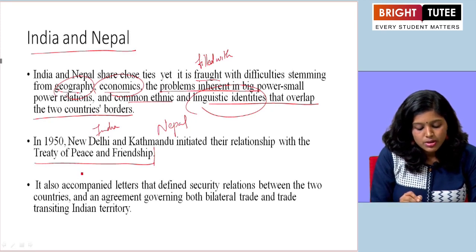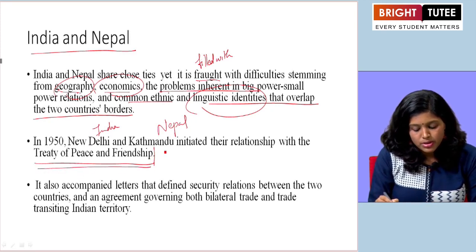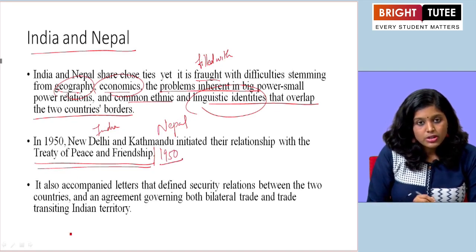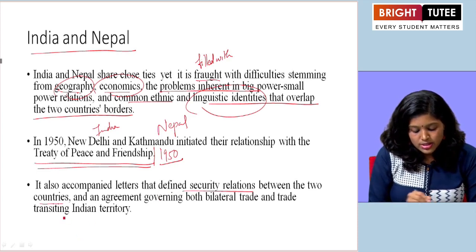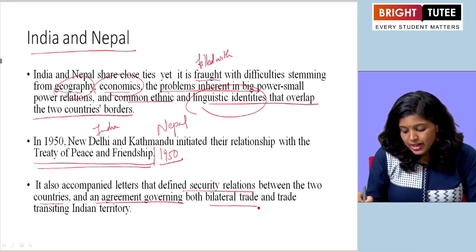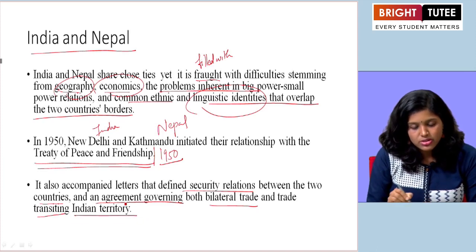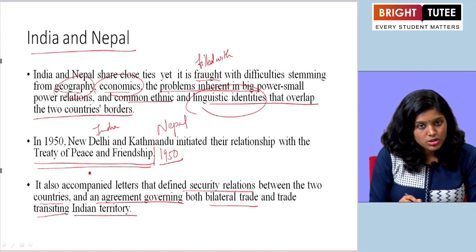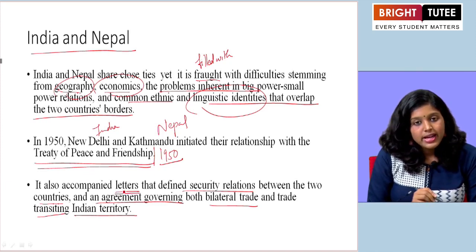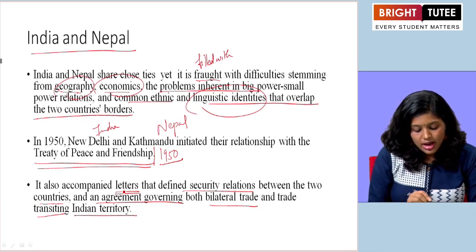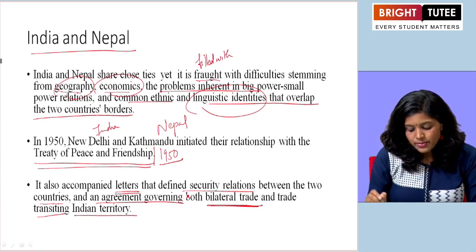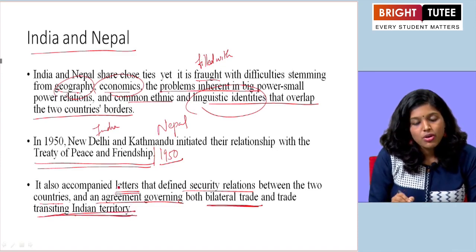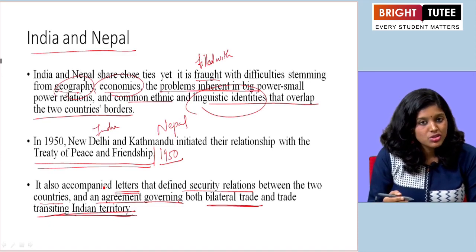It also accompanied letters that defined security relations between the two countries and an agreement governing both bilateral trade, that is trade between these two countries, and trade transiting Indian territory, or trade which came in from or was concerned with Indian territory.